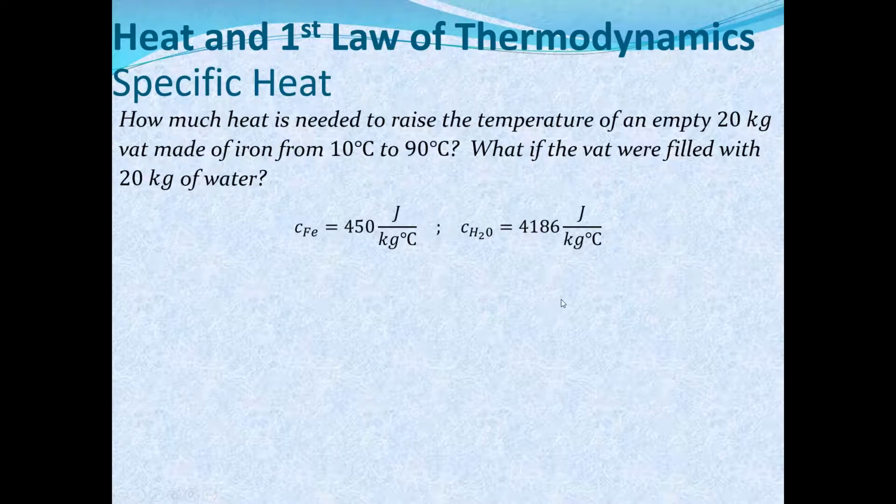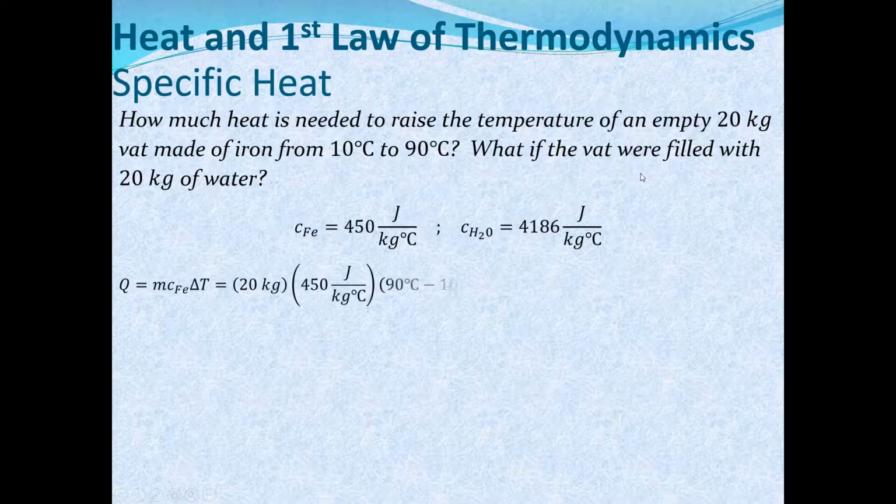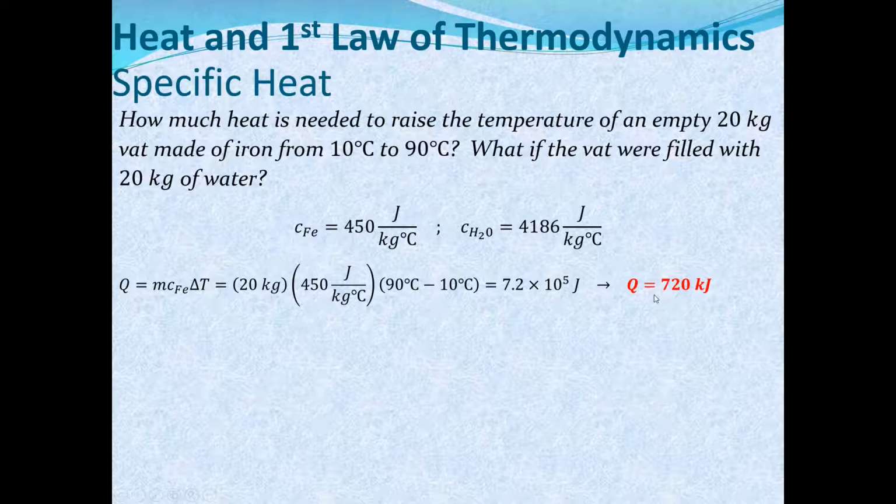All right, so what we're going to do is basically use Q equals mc delta T. The first time we're just going to treat the vat as empty. That's pretty easy. We just look at the 20 kilograms, use the specific heat for iron, plug in our temperature difference, and we get 720 kilojoules. Nothing too crazy there.